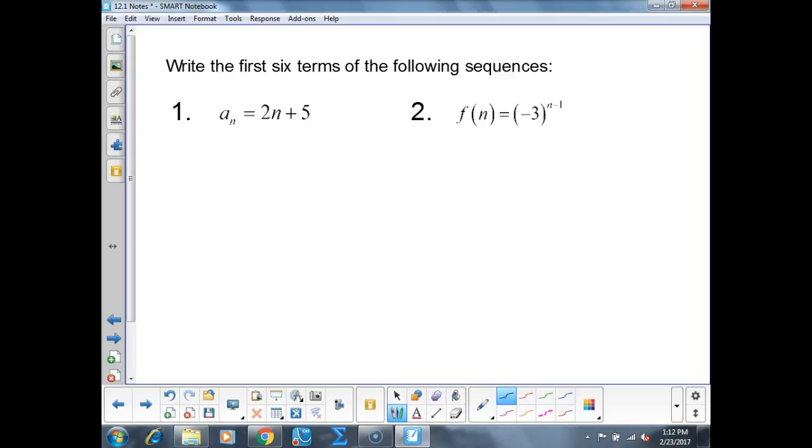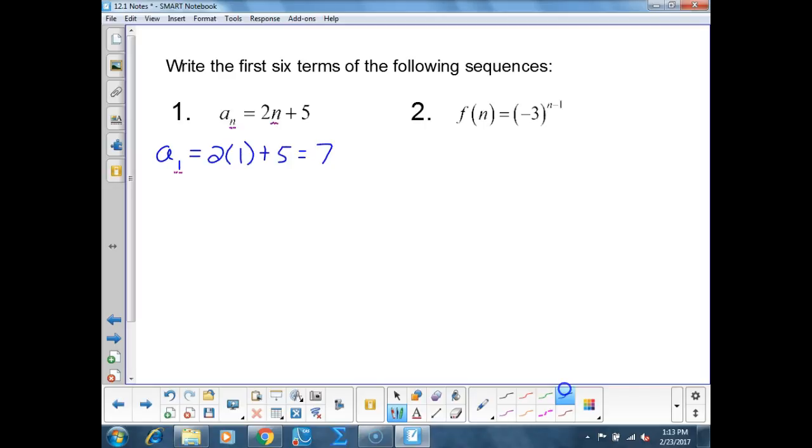It says write out the first 6 terms of the following sequences. So what you do is first find A sub 1. Notice here that I made n become 1. So n is 1 in this line. If n is 1, then this is 2 times 1 plus 5. 2 times 1 is 2, plus 5 is 7.